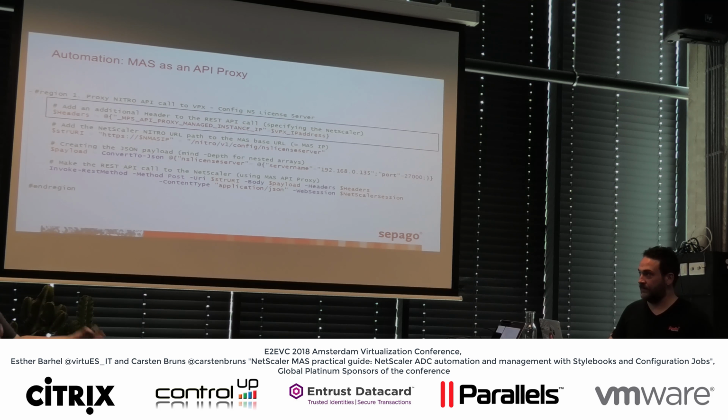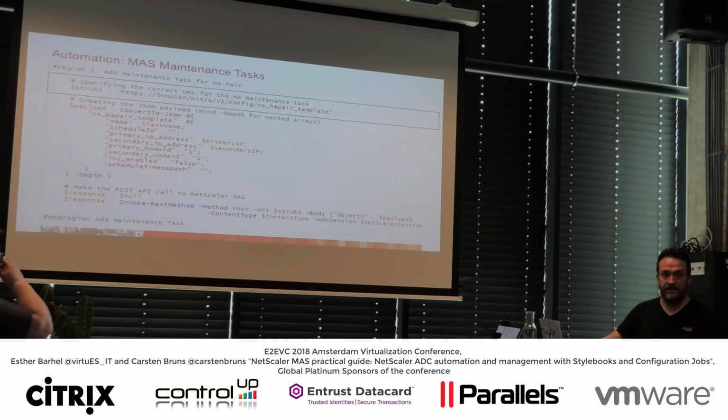So MAS knows when it gets the call to redirect it to the NetScaler, allowing you to still use MAS as your centralized management system. That could be the first step to convert your NetScaler automation scripts to make them MAS enabled.